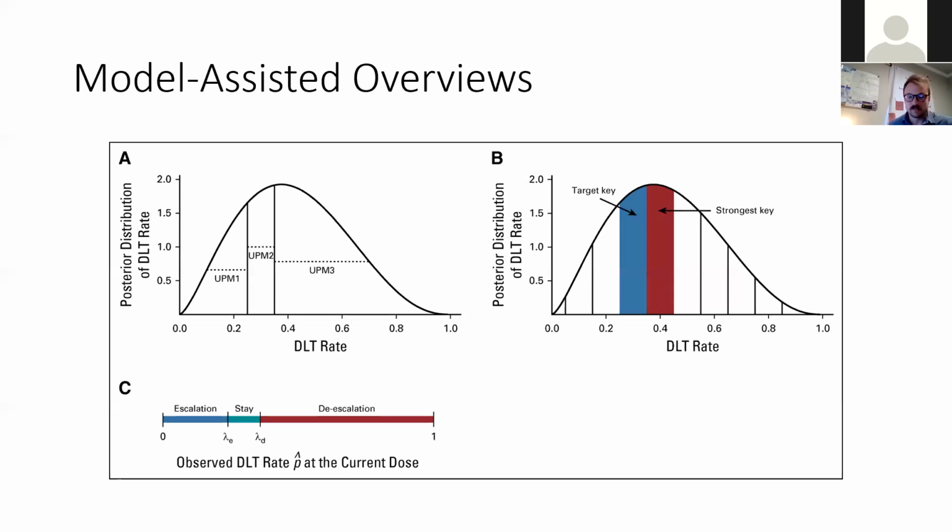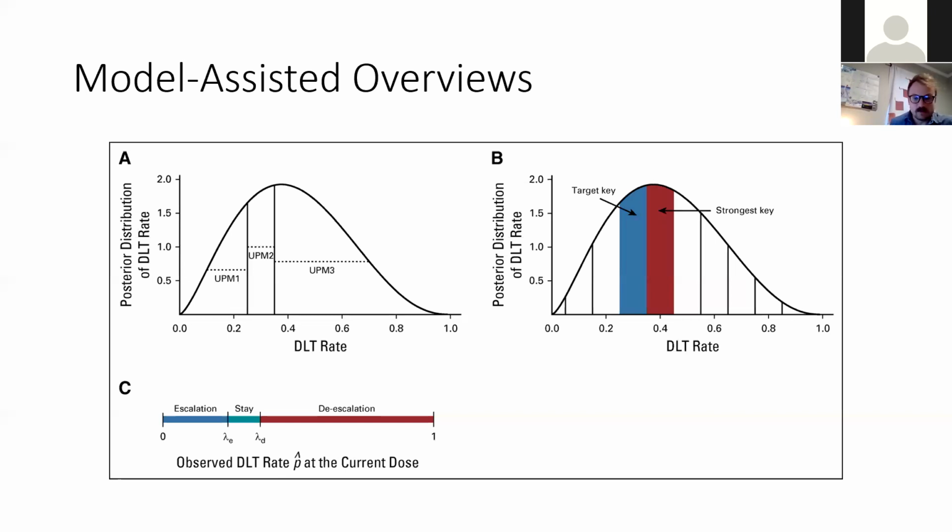So we'll keep repeating that until we meet the pre-specified maximum sample size for that trial, or until we reach a specific number of patients treated at a single dose level. Often this is 12. And then once the trial ends, we're going to select the MTD as the dose for which the DLT estimate is closest to our target.